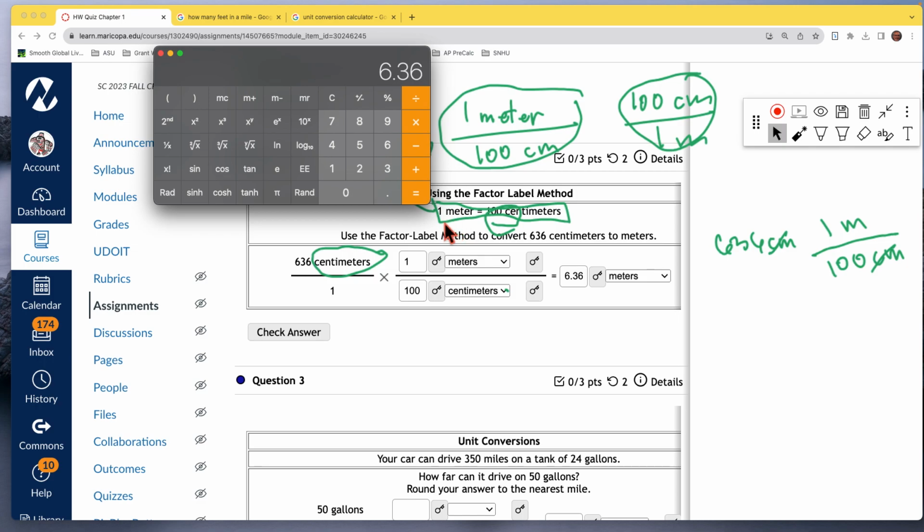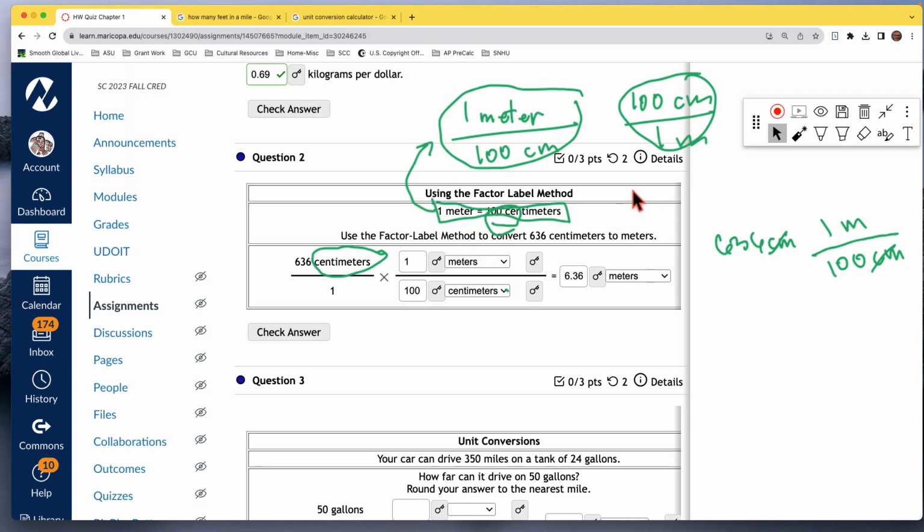Whenever we have these factors, we're either going to multiply by 100 or divide by 100 to do this conversion. If you multiply by 100, then you've got 63,600, a really big number, and it doesn't seem quite right. But again, you try it out.